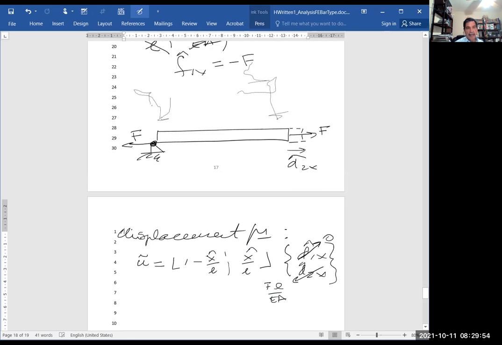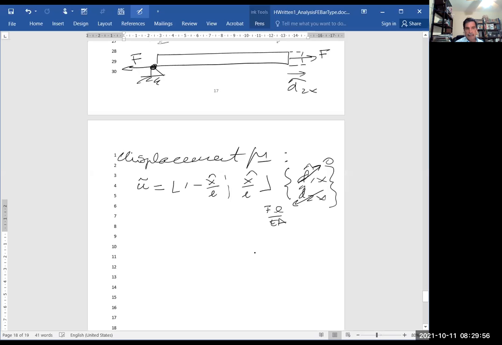So we can multiply and say the approximation that we have found is that the displacement of every section is equal to, this is multiplied by 0, so that disappears, so we get F over EA times x.